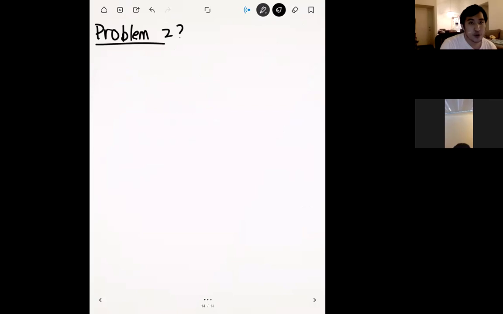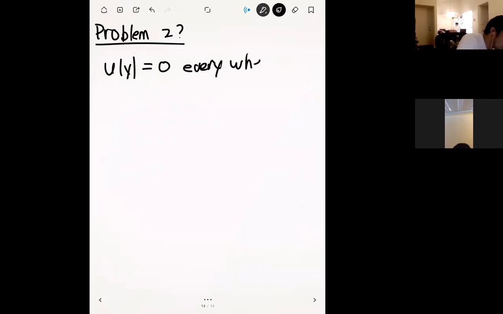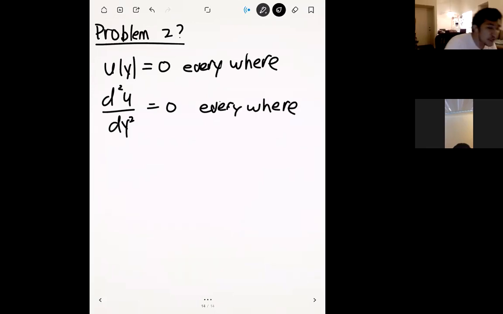And so for problem 2 in the homework, what you should have found from the earlier parts was that u of y is equal to 0 everywhere. And also that d squared u dy squared is equal to 0 everywhere.